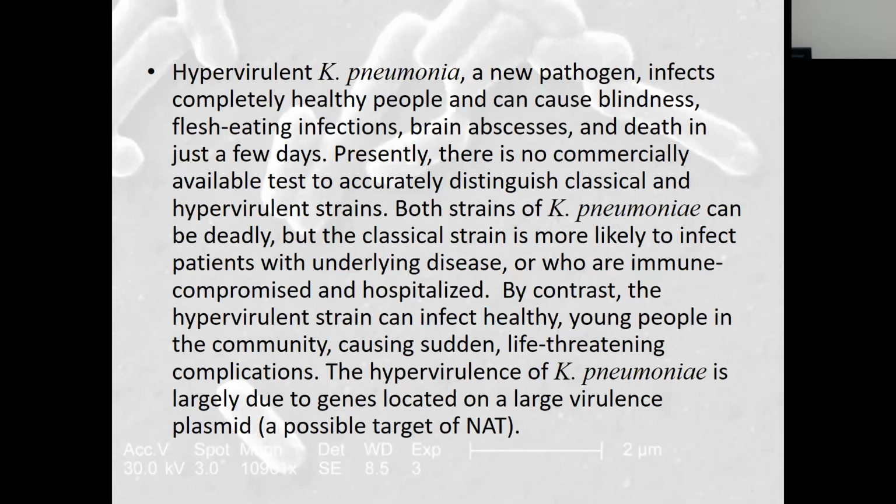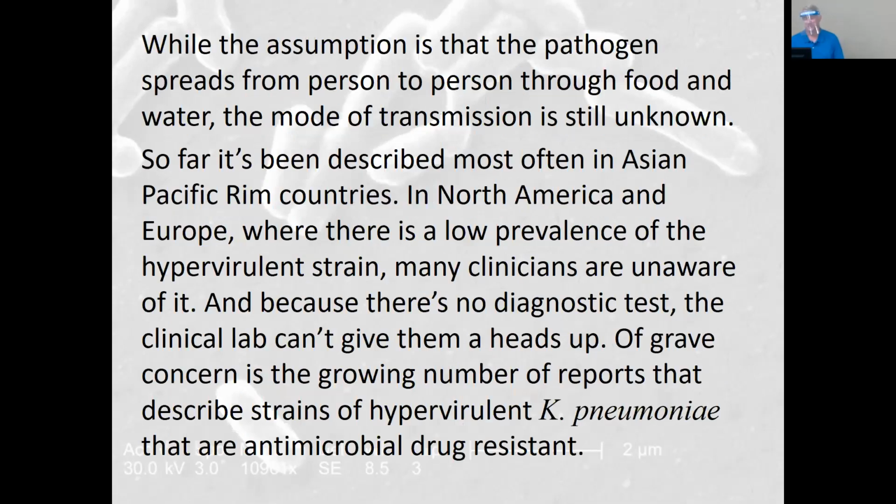This hypervirulence is largely due to genes located on a large virulence plasmid, a possible target of NAT. So with all that being said on the slide, are you worried about it? No? Nobody's worried about it?